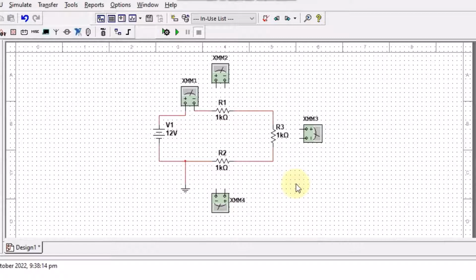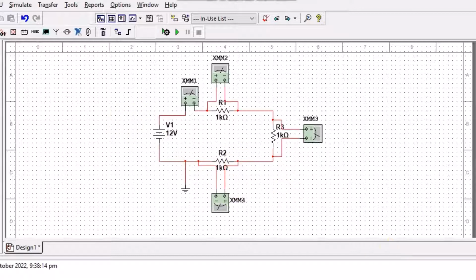So this is across the first resistor, this is across our second resistor, and this one is here, while this is here. So this is our circuit.